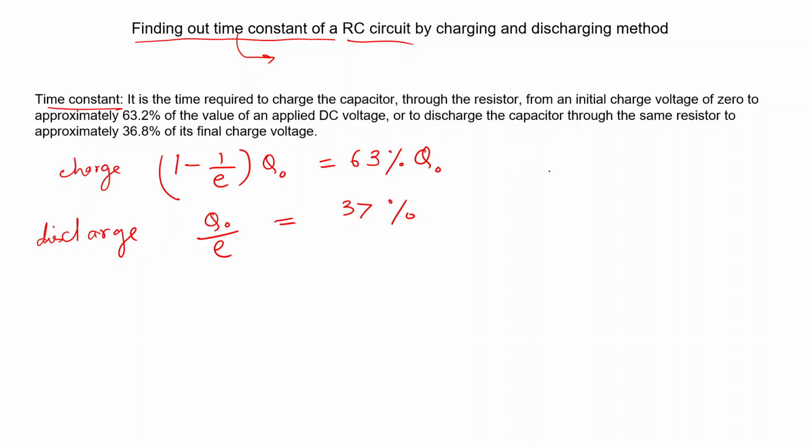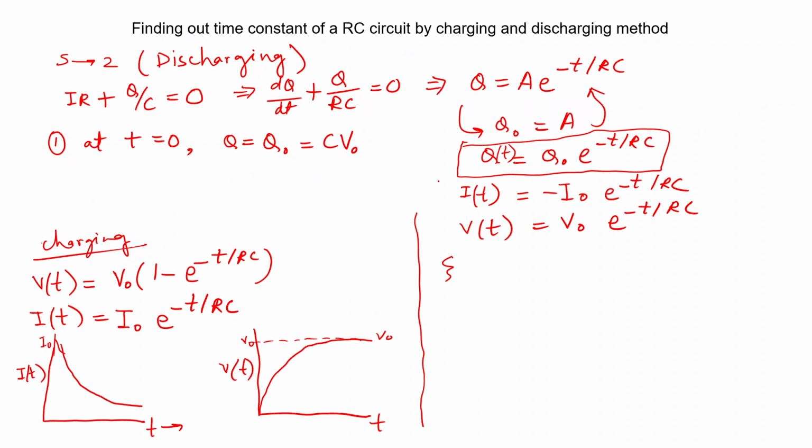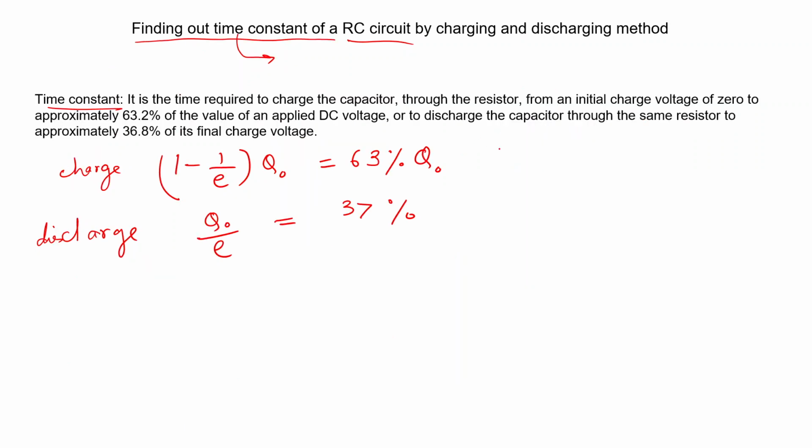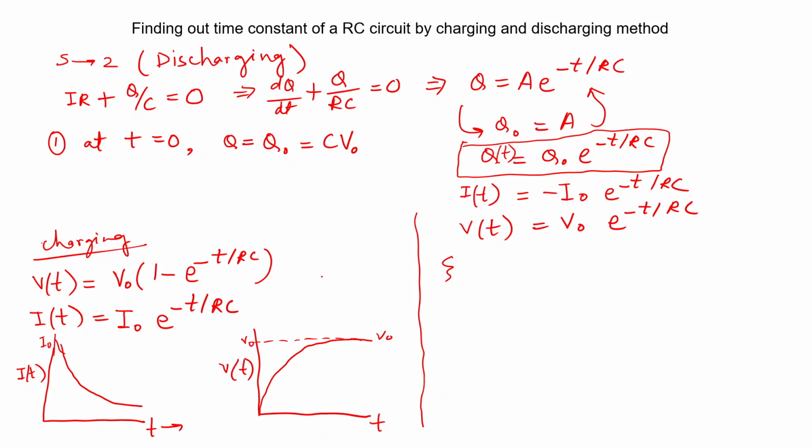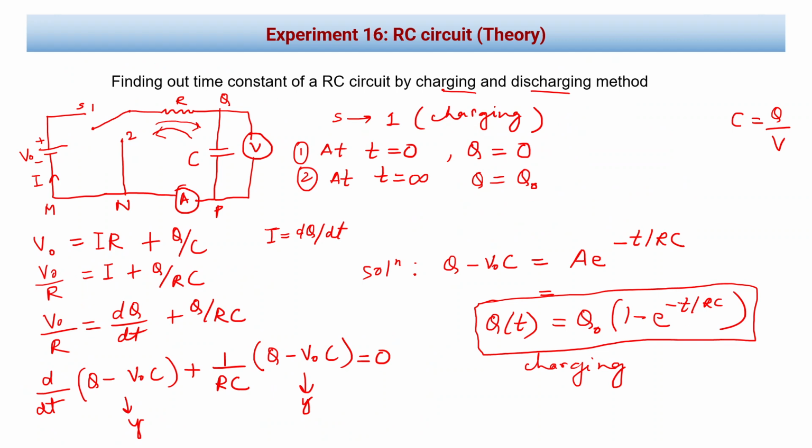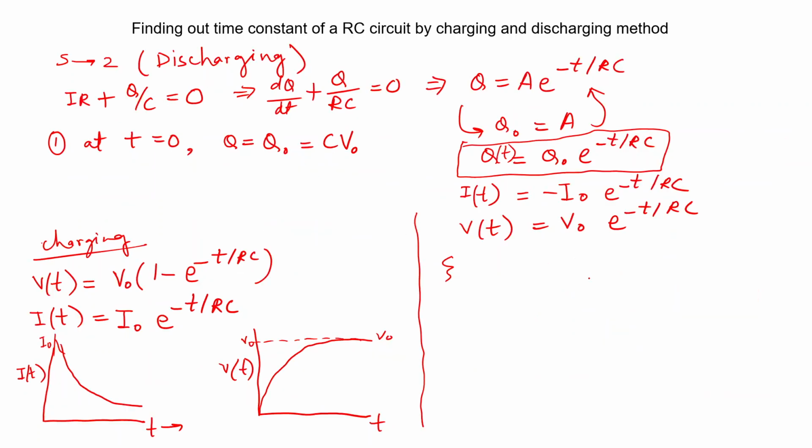So when we are charging, we know that current is decaying, right? It's given by this expression. The expression for charge was here, and when it's charging, the charge is increasing.